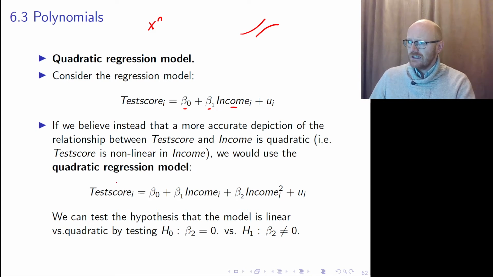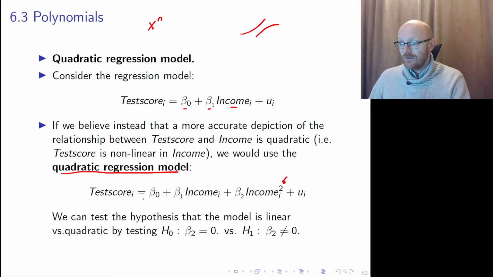Then we would use the quadratic regression model, and it's quadratic because we have this income to the power of 2. So now test score is dependent on the intercept, it's dependent on the linear slope, the income, and it's dependent on the income squared, okay, the quadratic term.